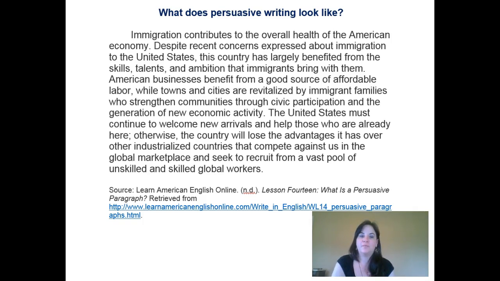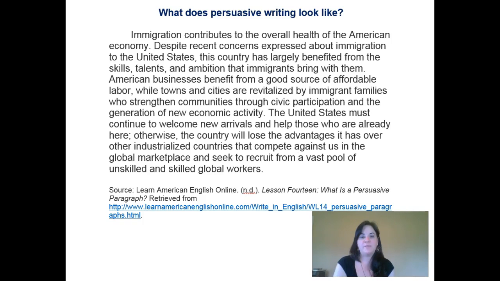Here's our first example of a persuasive paragraph. Immigration contributes to the overall health of the American economy. Despite recent concerns expressed about immigration to the United States, this country has largely benefited from the skills, talents, and ambition that immigrants bring with them.